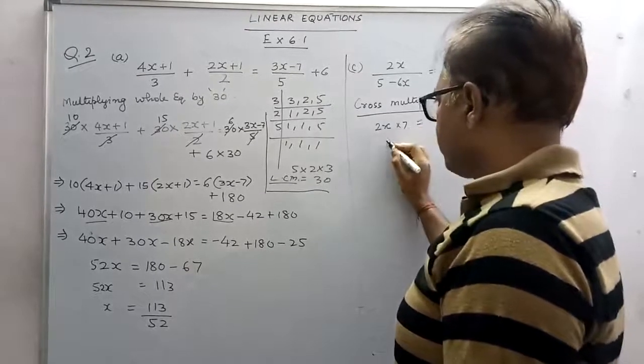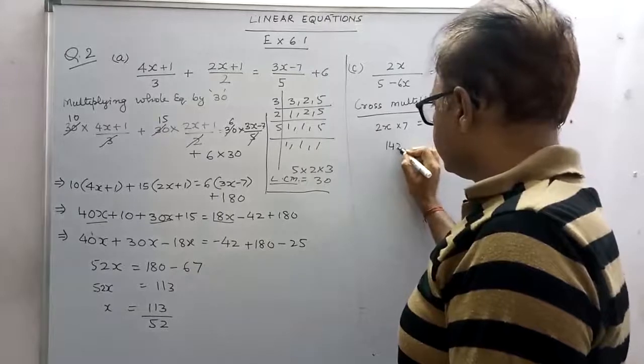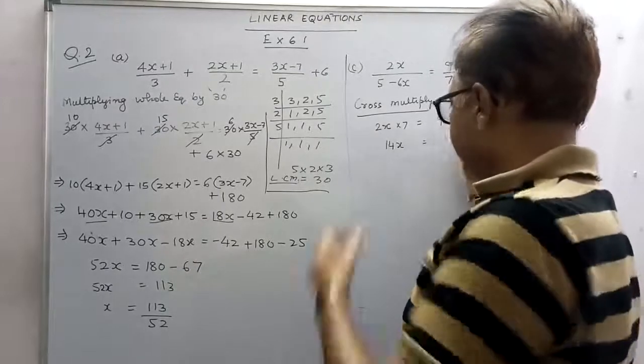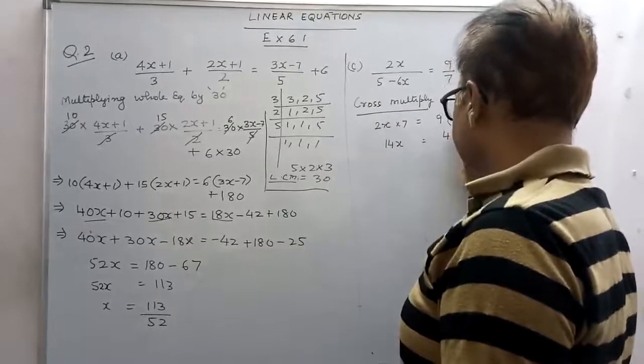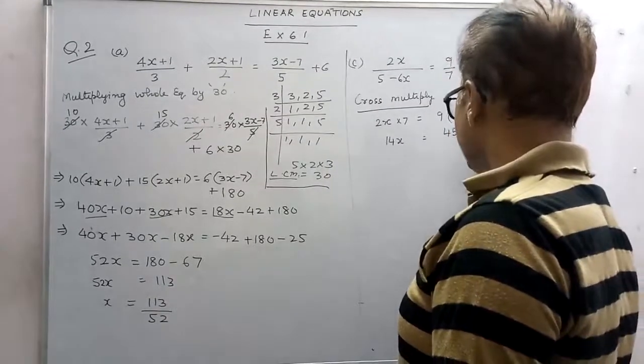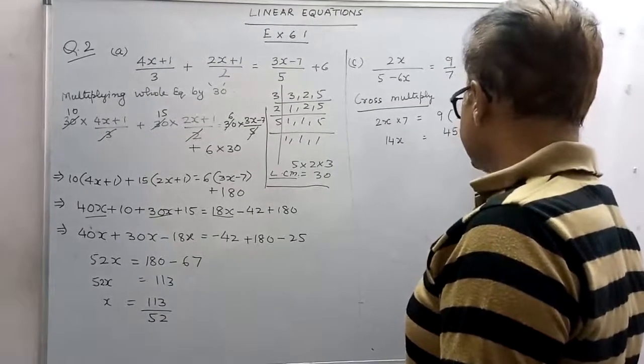As a result, 7 twos are 14x. 9 fives are 45, open the bracket, 9 sixes are 54x.